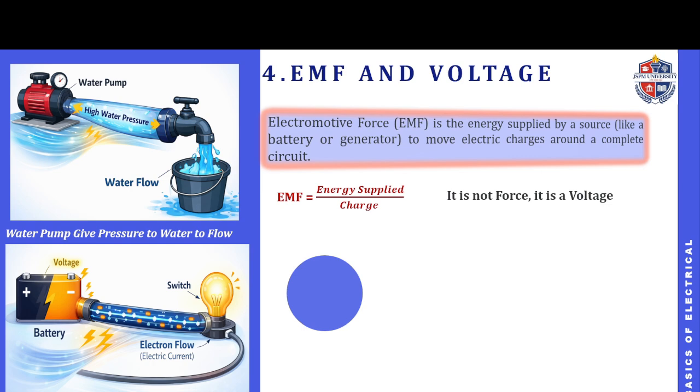Its unit is volt only, right? But there is a difference between electromotive force and voltage. Electromotive force is the initial force given to the electron to move through the entire electrical circuit. But what is meant by voltage?